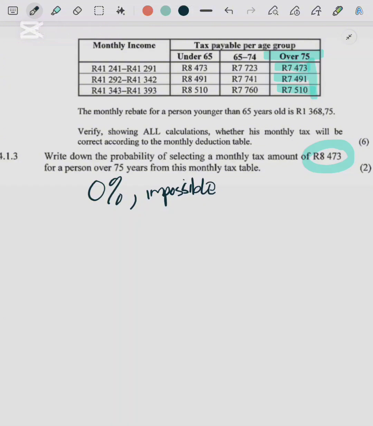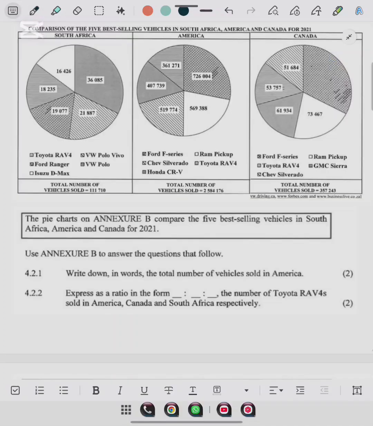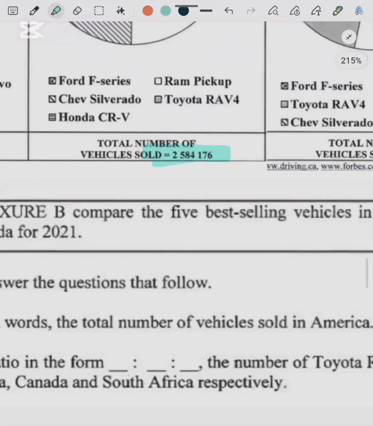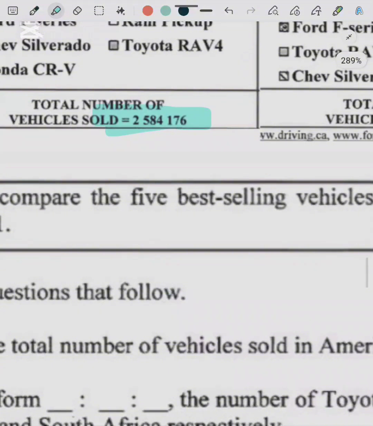Right, let's look at 4.2. 4.2.1 says write down in words the total number of vehicles sold in America. This is quite straightforward. We just have to make sure we are looking in the right part of the pie chart, America, and they tell us the total number of vehicles sold. If we're going to write that out, you are basically writing it in words.